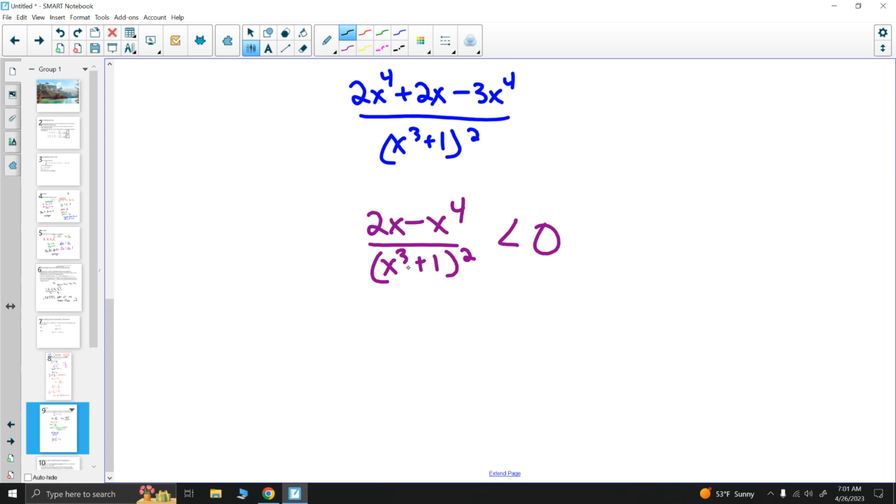So let's think about undefined first of all. When is this undefined? When x is negative 1. Negative 1 plus 1 would be 0. But we only care about n's from 1 onwards, so we don't really have to worry about that. So instead, we're just going to look at the top. And basically, we're thinking, okay, well, when is this 2x minus x to the 4th going to be less than 0? Because again, that would make that 0.